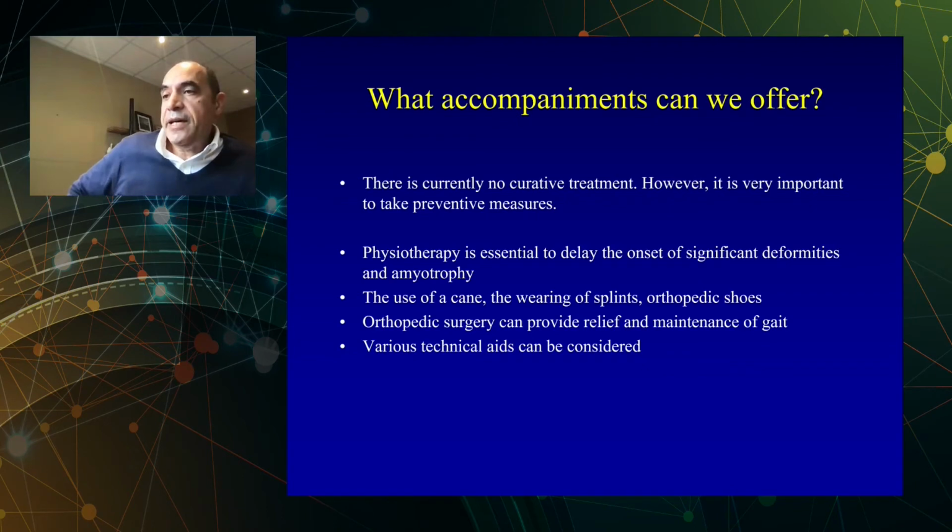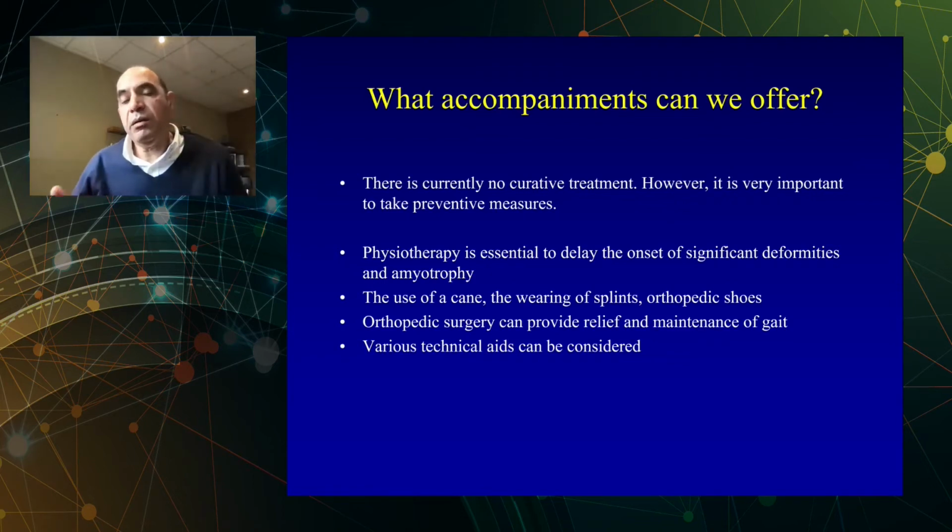The use of a cane or splints, orthopedic shoes are recommended. Orthopedic surgery is not indicated in adults. It is very rarely used, particularly in the arm, and then the indications are for pediatrics, in children, and many various technical aids can be considered.